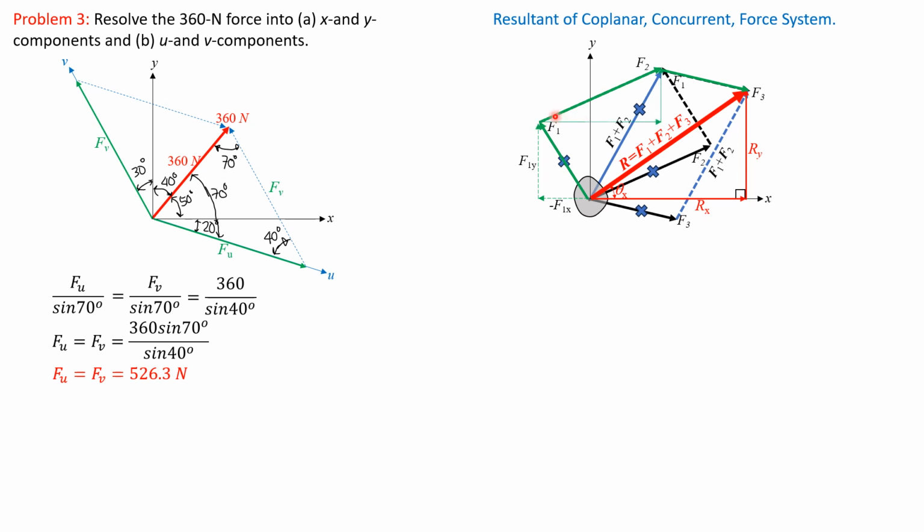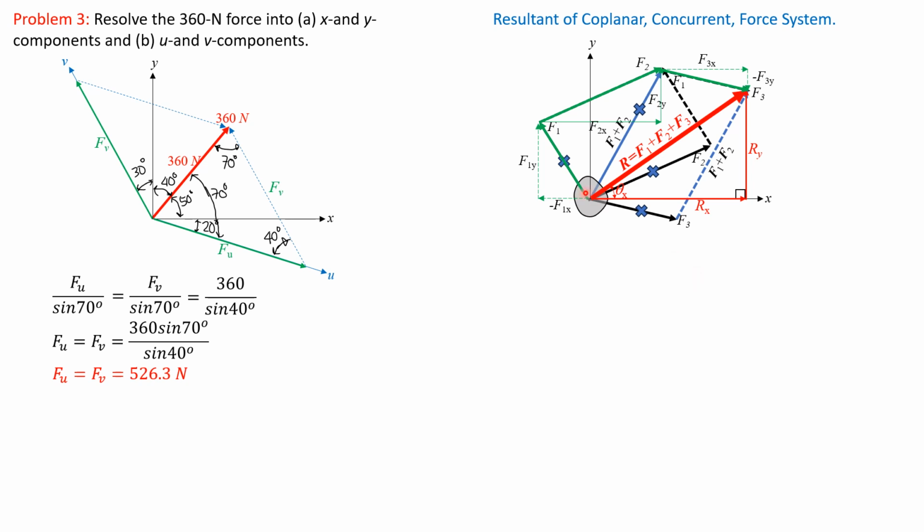Components of F2: positive F2x, and this is positive F2y. And components of F3: F3x is positive, while F3y is negative because it is downward.